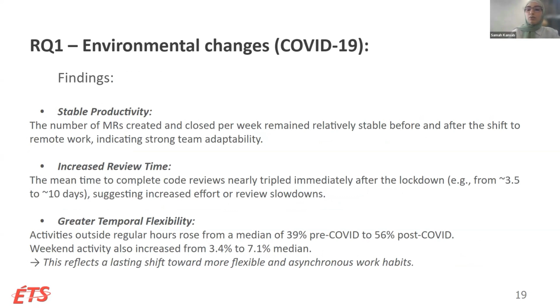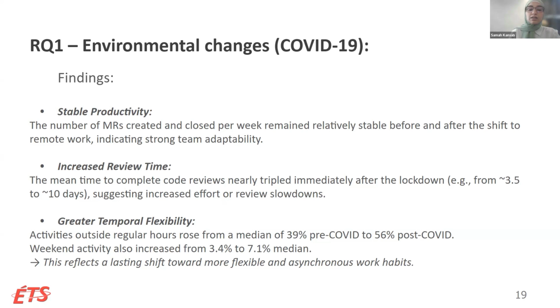So we see that the review time goes from 3 days to 10 days. But this increase in review time, or let's say effort, can explain the stable productivity. So people are doubling their effort when they are working from home to keep the same productivity, because, as I said, working from home at the beginning was very difficult for people who are almost familiar with working on site in the industry.